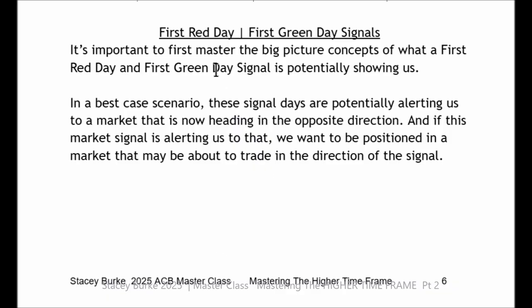So it's important to first master the big picture concepts of what a first red day and first green day signal is potentially showing us, and that is the extremes when a new month begins trading. In the last video in this section, we talked about the month itself, monthly candles, open, high, low, and close, open, low, high, close, whatever that market prints.